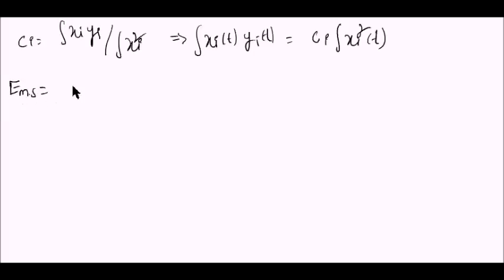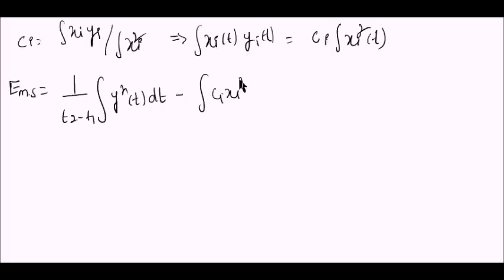The mean square error equals 1 by t2 minus t1, integral y square of t dt, plus integral ci square xi square of dt, summation i equals 1 to n, minus 2 into integral y of t xi of t ci, with this summation also i equals 1 to n. We can substitute ci into xi square of t instead of y of t xi of t.